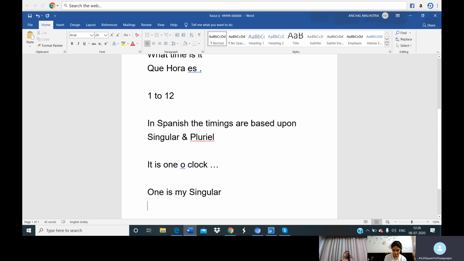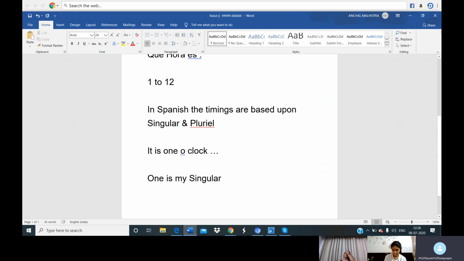In French we have "il est". We pronounce the timing like "il est". Is that clear to you? In Spanish, we have "es". Es means is. We have a "ser" conjugation. So if I'm saying it is 1 o'clock, I will use "es". Es means is.